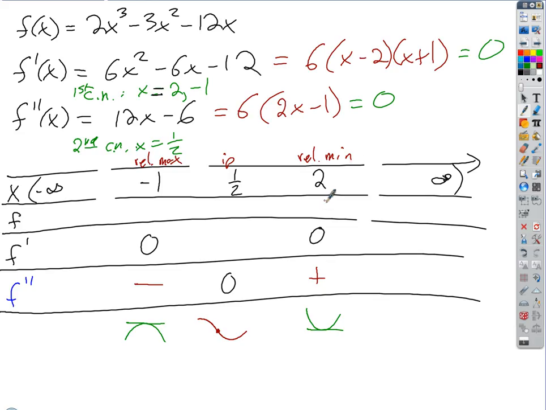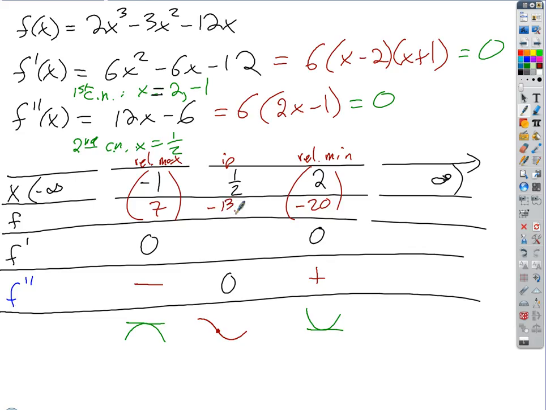So at x equals -1, what's the value of our function? -2 plus, yeah, -3, so -5, plus 12, so 7. At 2, we get 8, what is it? -20. I'll trust you. And at 1/2, -13 halves.